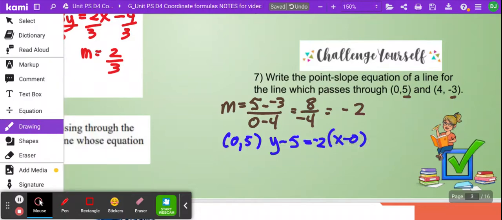You really wouldn't write that because x minus 0 is just an x. In fact, this is the y-intercept, so that makes sense. So final answer, y minus 5 equals negative 2x. But you could have used the other point as well if you wanted to.